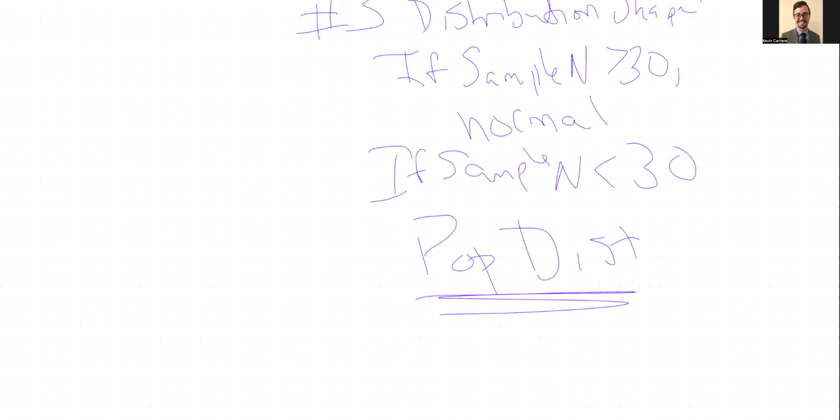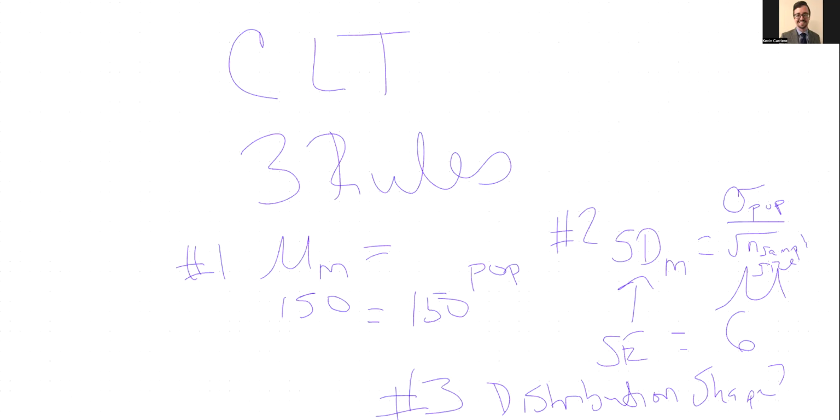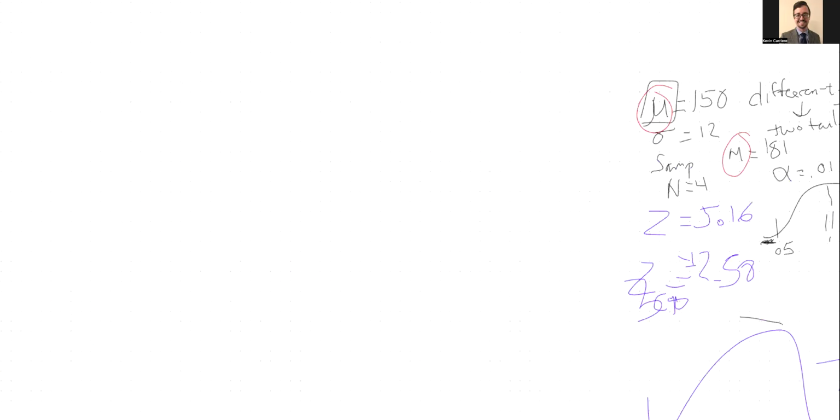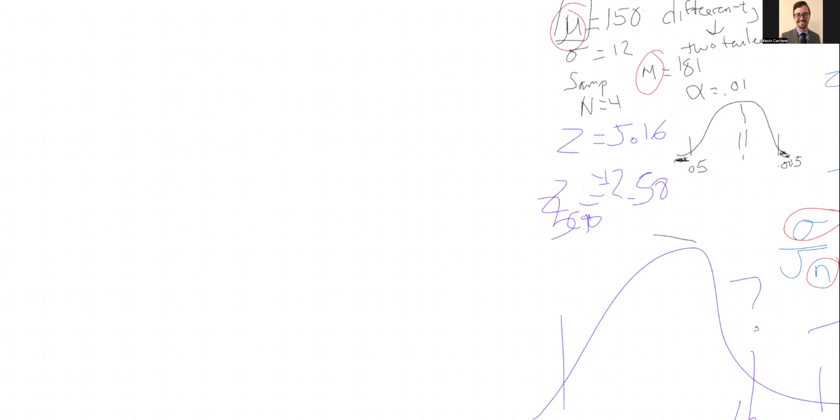We knew our P was the proportion. Where did we calculate that? Way back up there, we calculated our z-score of 5.16, sorry.